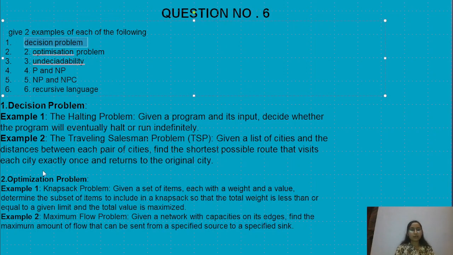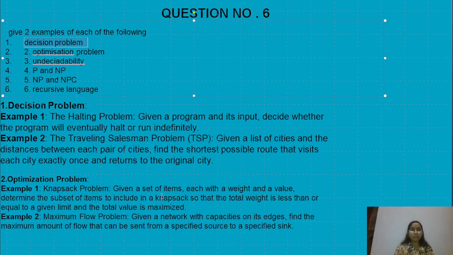Now let's see the examples of optimization problem. Example one is the knapsack problem, which is based on a greedy algorithm, in which we are given a set of items, each associated with its weight and value, and we have to determine the subset of items to include in the knapsack, that is a bag, so that the total weight is less than or equal to the given limit and the total value is maximized.